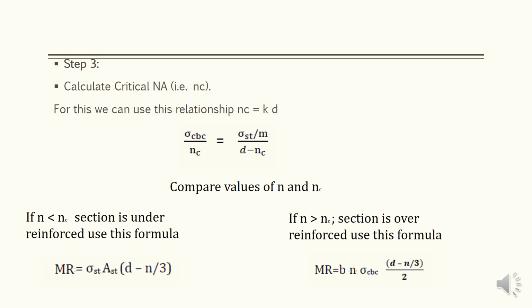If n is greater than nc, that is, the actual neutral axis is greater than the critical neutral axis, the section is an over reinforced section. We find the moment of resistance using b into n into sigma cbc into (d minus n by 3) divided by 2. So this is the formula to determine the moment of resistance for the under reinforced section as well as the over reinforced section.